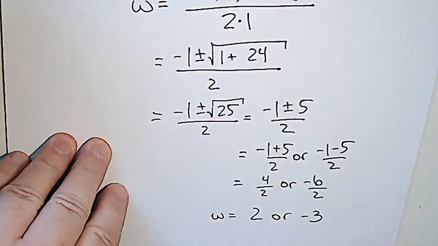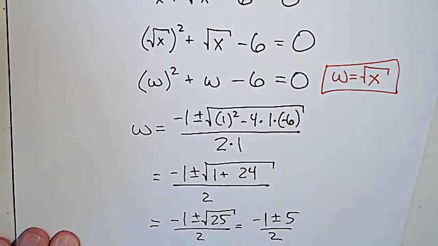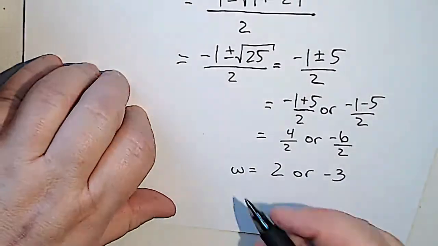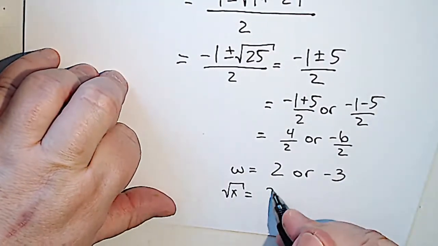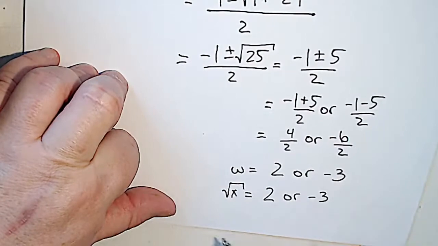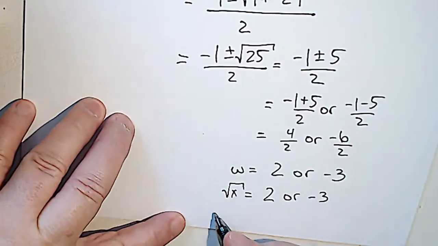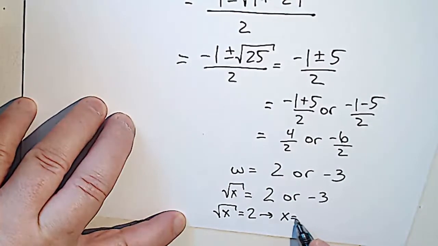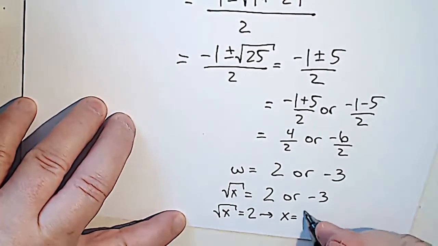But remember, W, dun, dun, dun, is radical x. So radical x equals 2 or -3. So what does x equal? Well, if radical x equals 2, then x equals 4, right?